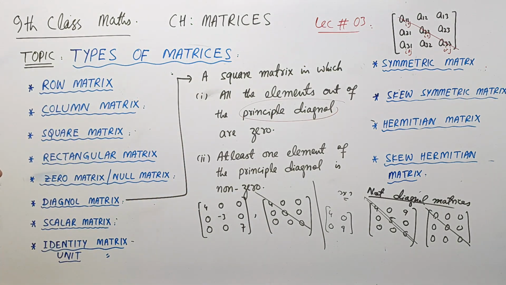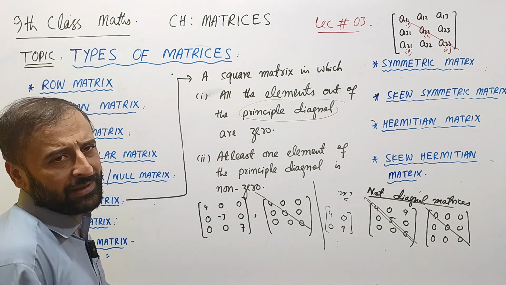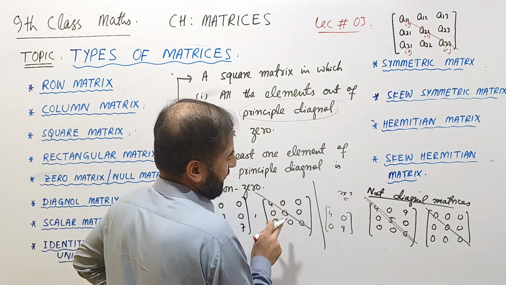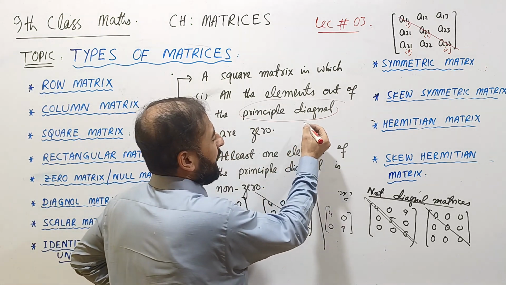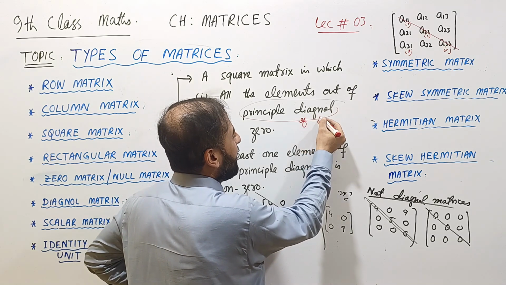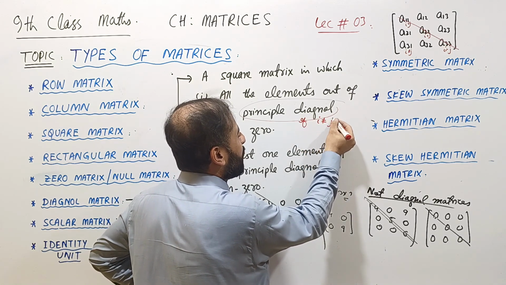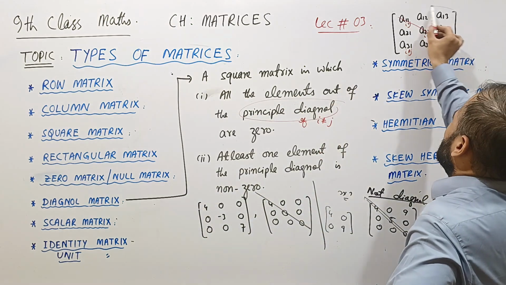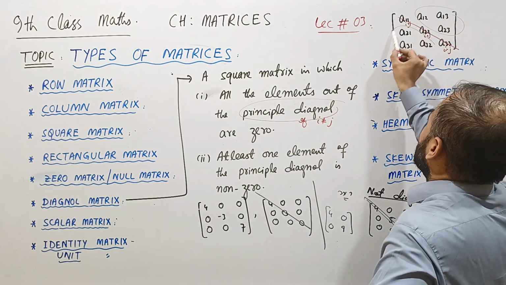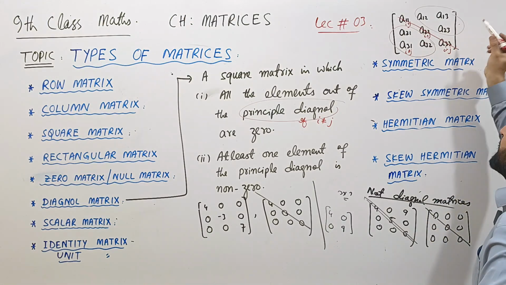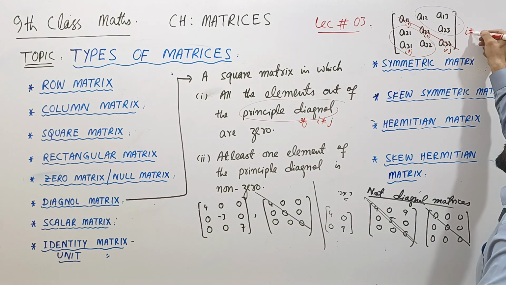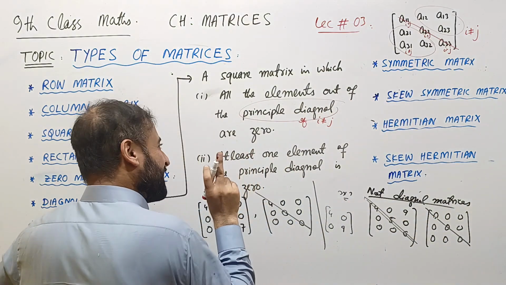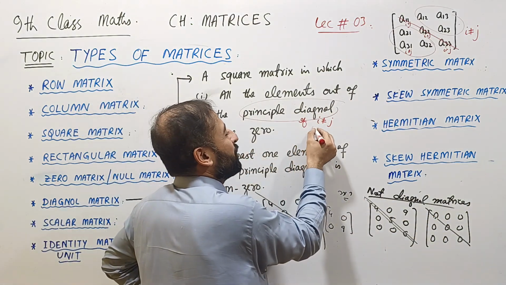Hopefully it is clear. Now, how do you define these things mathematically? Mathematically, we say this: if i and j are not equal, these 6 elements, once again I tell you that if the matrix is a 3 by 3 matrix, these 6 elements, here i and j are not equal. And if i and j are not equal, all of them have to be 0.